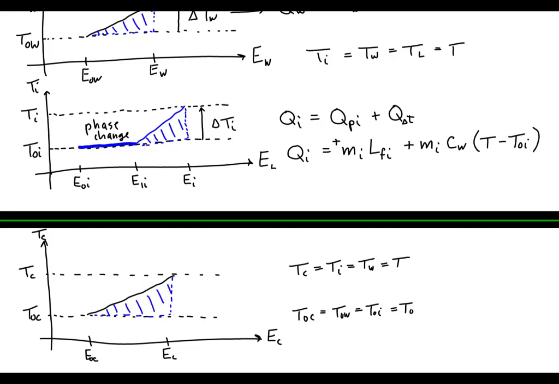So during this process, the temperature change of the calorimeter will be positive. It'll increase to a final temperature, which will bring it to equilibrium with everything else.